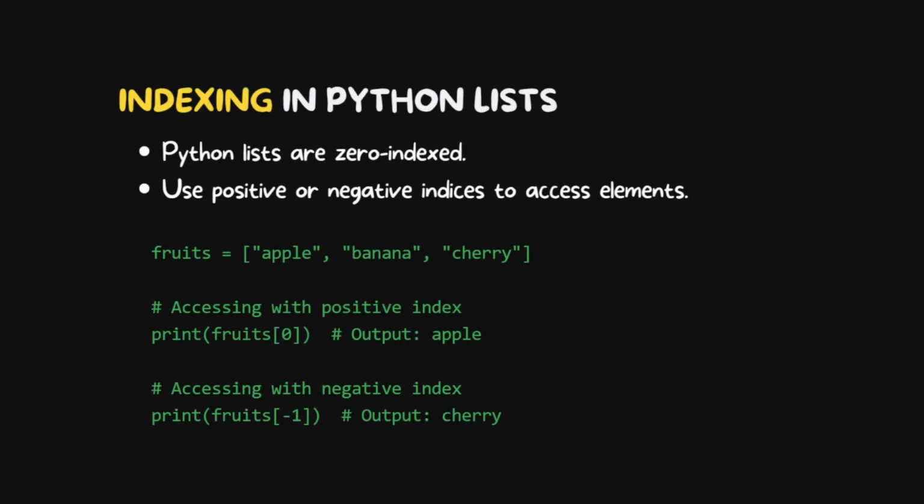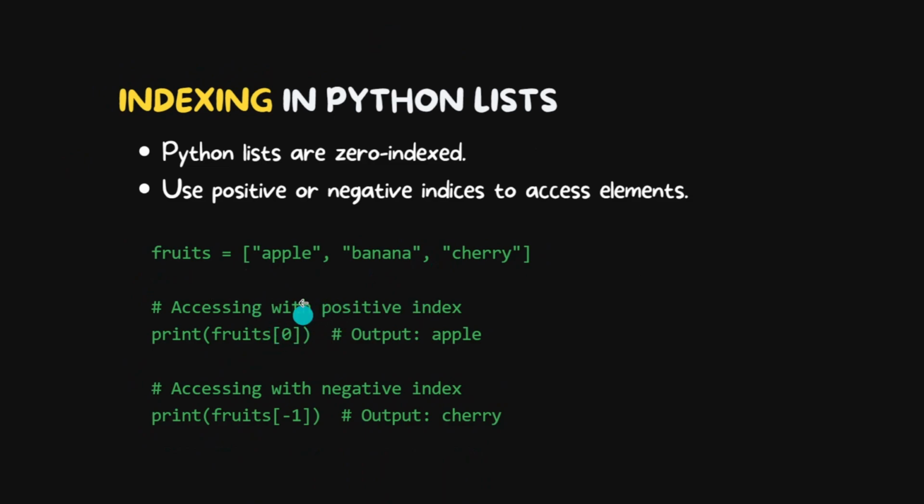Now let's talk about indexing. Every element in a Python list has a unique position called an index. The index starts at 0 for the first element. You can also use negative indexing to access elements from the end of the list. So here we can see a list named fruits, which contains the elements apple, banana, and cherry. We access with a positive index first.